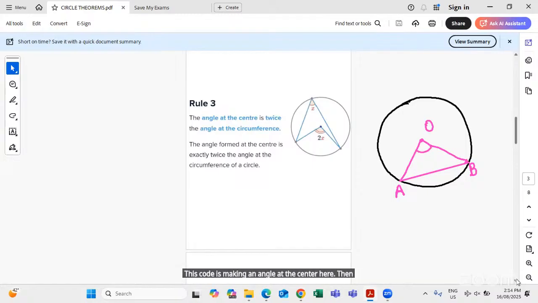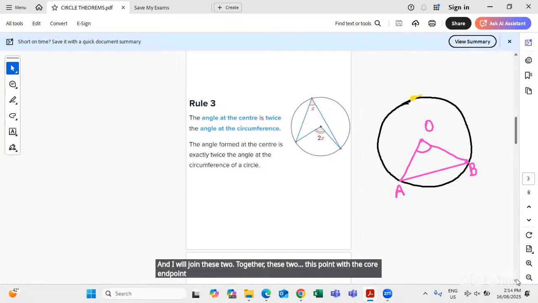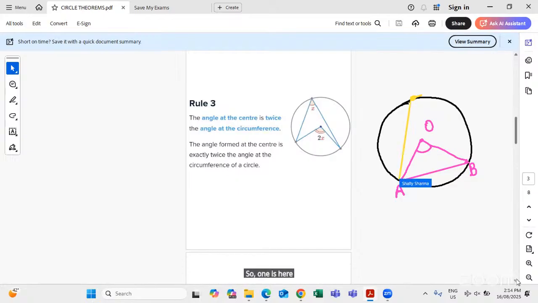Then I choose one point in the same segment. O is in one of the segments. In the same segment, I make a point, let's say here on the circumference, and I join this point with the chord's endpoints. So one is here and one is here.